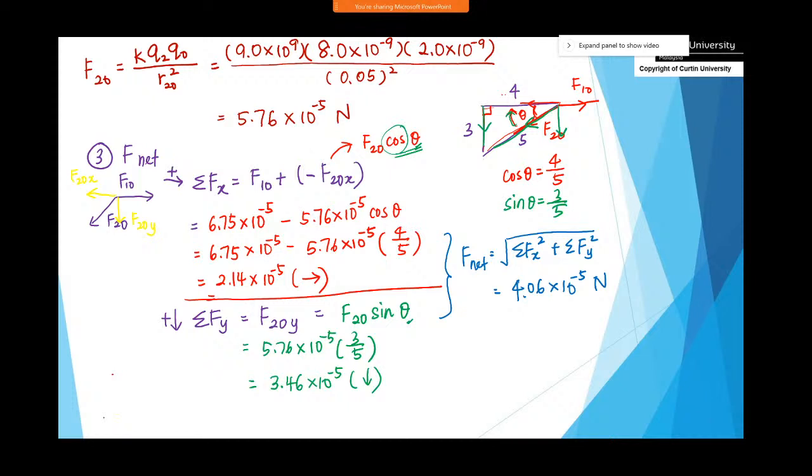Okay, so if you want to draw them into a diagram, it will be 2.14 times 10 to the power of negative 5 to the right, and 3.46 times 10 to the power of negative 5 going down. So your direction of net force will be somewhere here.